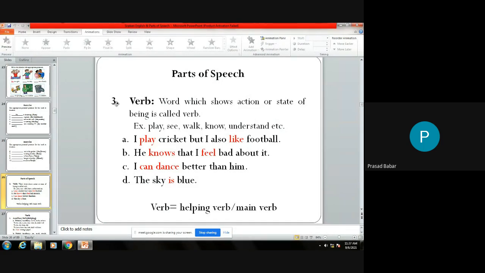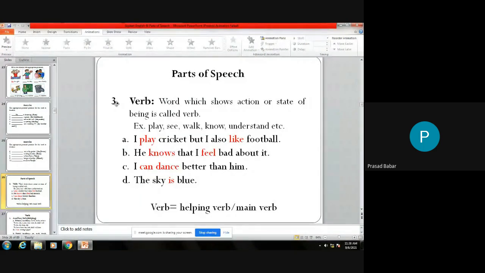So verb is a word which is used to show an action or state of being. This is the definition of the verb. So what are its examples? Any type of action that we show, we have to show it in the form of a verb.